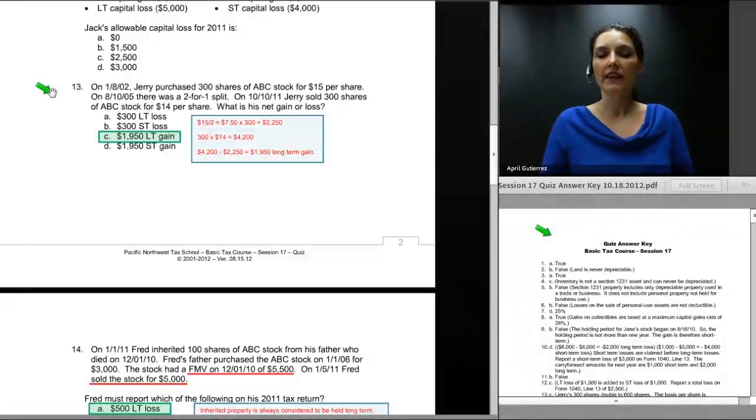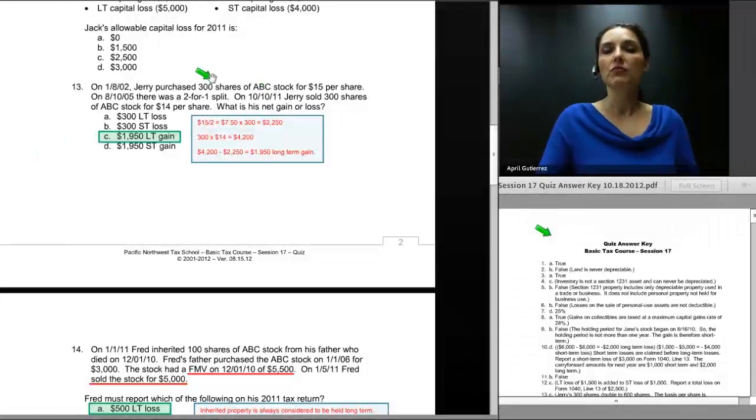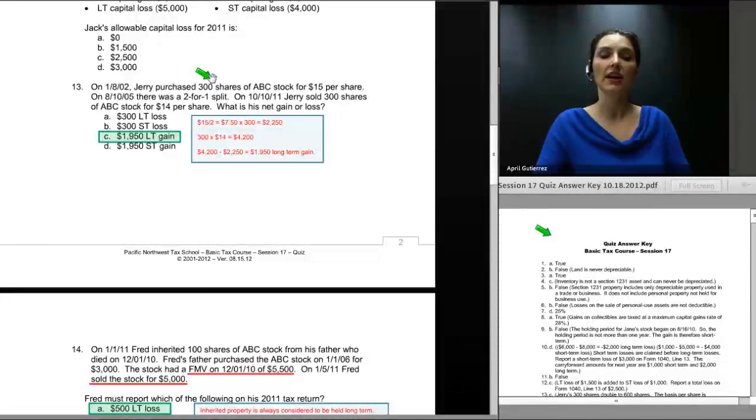Well, when you get a question like this, you need to look at what's happening. He buys 300 shares for $15 per share, and then there's a 2-for-1 split. The 2-for-1 split occurs on a date earlier than the date where he sells 300 shares. So what that means is that his 300 shares actually turned into 600 shares. And so instead of having 300 shares with a cost basis of $15 per share, he will have 600 shares with a cost basis of $7.50 per share.